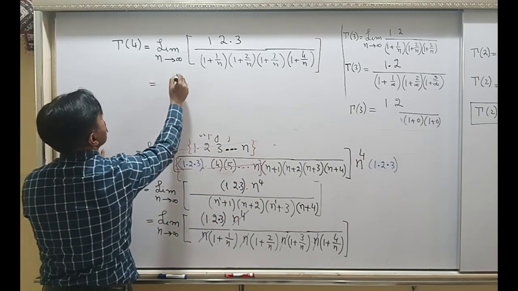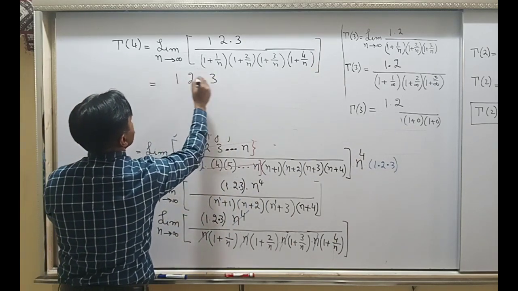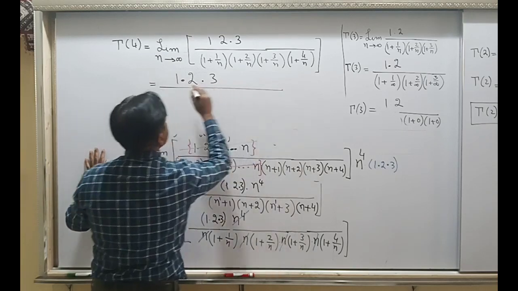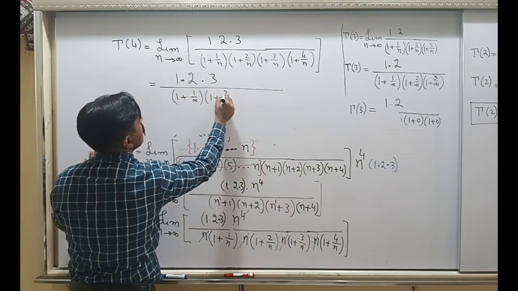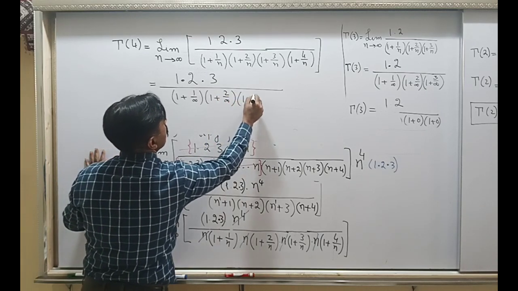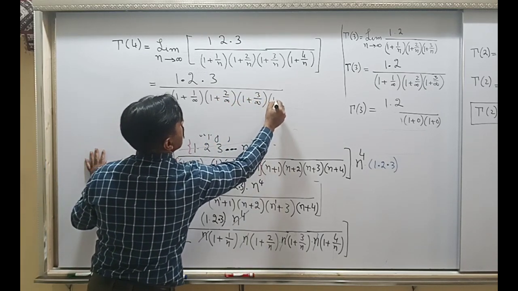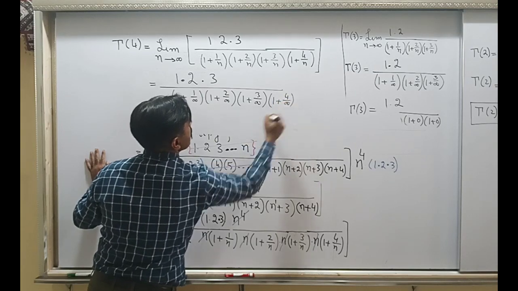And when you apply the limit, this is 1 plus 1 over infinity, 1 plus 2 over infinity, 1 plus 3 over infinity, and 1 plus 4 over infinity.